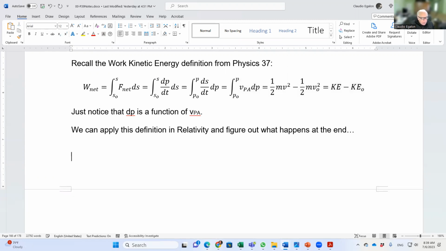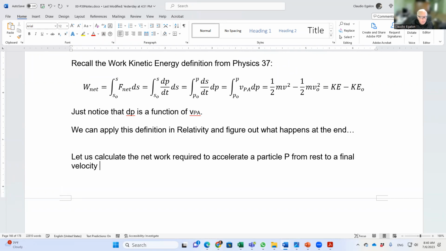What we're going to do here, let us calculate the net work required to accelerate a particle P from rest to a final velocity v_PA.